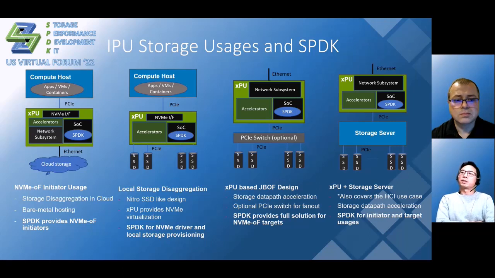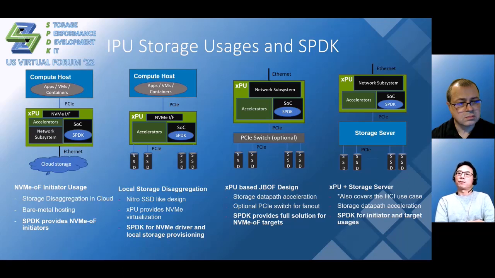The fourth picture is getting more and more interesting. What this picture is trying to show is that in a traditional storage server, you add one IPU DPU, which can help accelerate the storage data path.